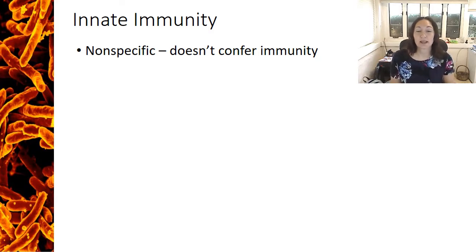So it's the difference of saying you're not self versus you're E. coli or you're influenza. Right? When we say non-specific, that's all we mean. We know it's not self, but we don't really know what it is. And because of that, it doesn't confer that memory or that immunity. If you don't actually know what something is, there's no way you can develop cellular memory to it. That's going to happen with the adaptive system that we'll talk about later.